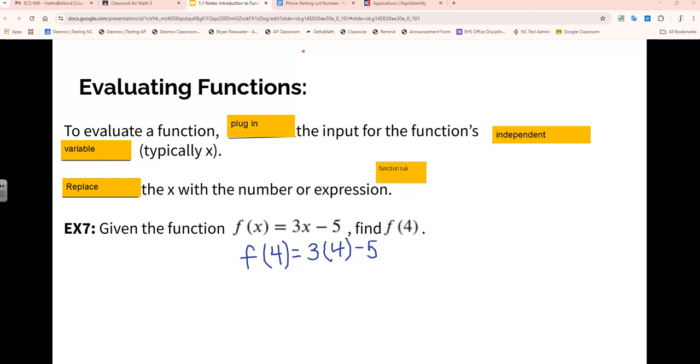And then we just got to do some good old order of operations here. So 3 times 4 is going to give us 12. And then we're going to do 12 minus 5. And that is going to give us 7.